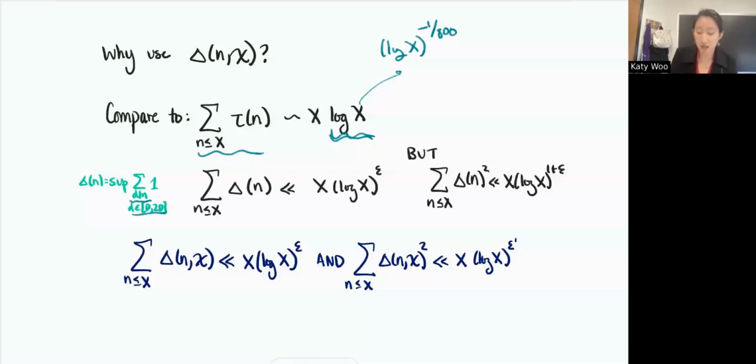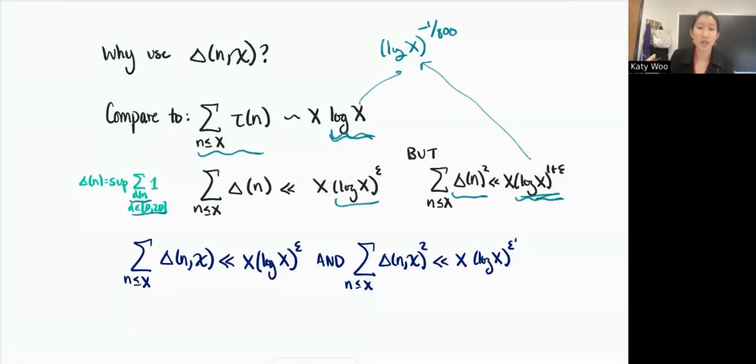And this, at least on average, is smaller than any power of log x. But we applied the Cauchy-Schwarz inequality before, so we actually cared about delta of n squared, and this on average is bounded by x times log x to the 1 plus epsilon. So again, there's a power of log x that will cancel out the savings that you had before.